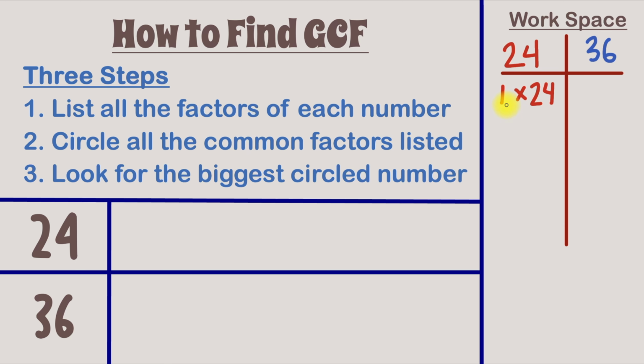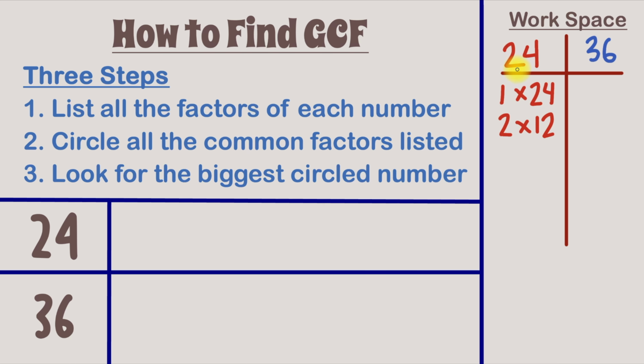So after 1, we'll go to the number 2. Can 2 go into 24? It sure can. That means it's going to be the next value in the list of factor pairs. So I'll write 2 times, and what times 2 will give us 24? That's 12. So I'll write 12 here.